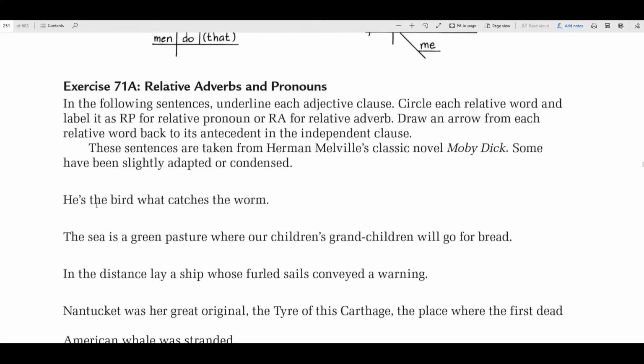Okay, so he's the bird what catches the worm. Okay, so in this one, this is a relative pronoun.